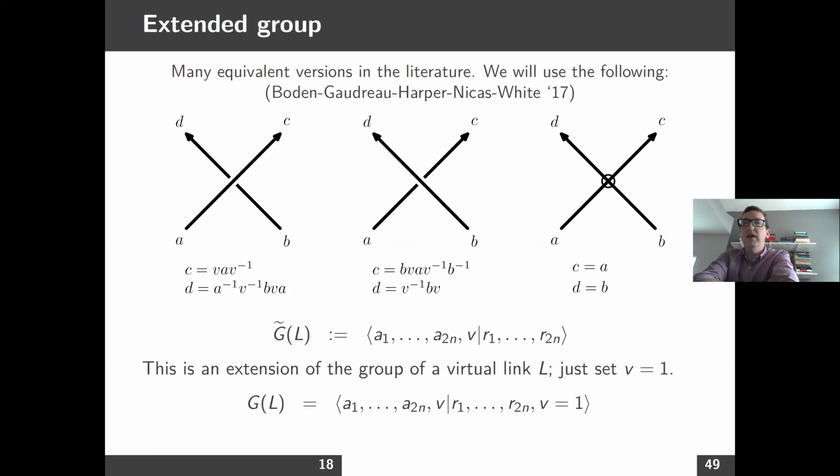You'll notice that this is indeed an extension of the group of a virtual link, because if you just set V equal to 1, then in the positive crossing, C equals 1A1 inverse, so C equals A, and that recovers the usual Wirtinger relation that there's one label for the overcrossing. For the second relation, we have D equals A inverse V inverse BVA, and if V is equal to 1, then again you just recover the usual relation from the Wirtinger group.